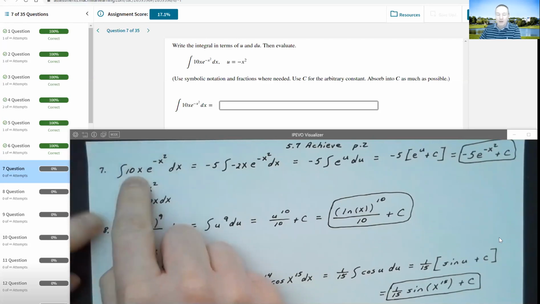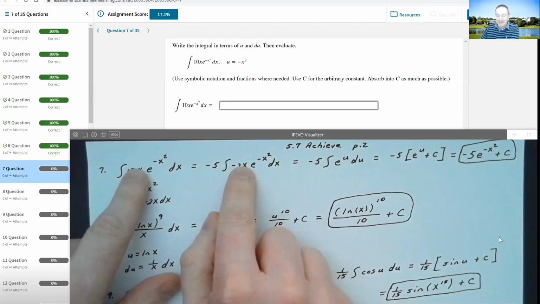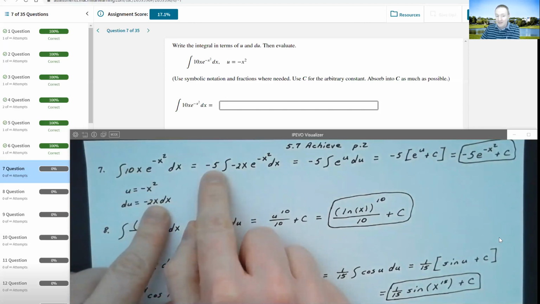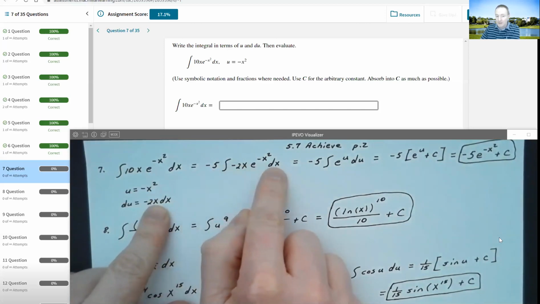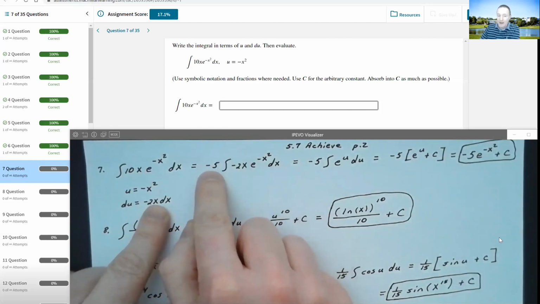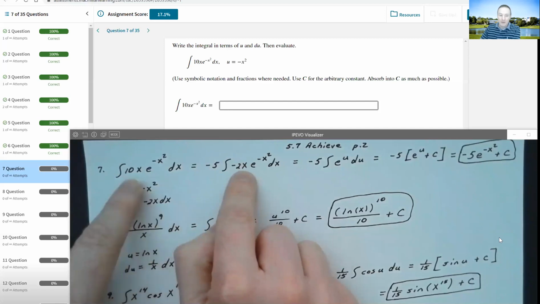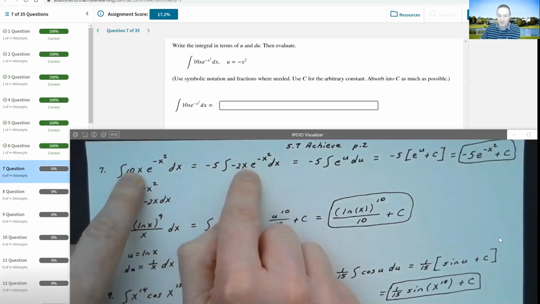So I thought, well, 10x is the same thing as negative 2x times a negative 5. I need the inside to have the negative 2x dx. Then the outside has to be a negative 5 in order to force my substitution in this problem. So I factored a negative 5 out in order to make that 10x a negative 2x.